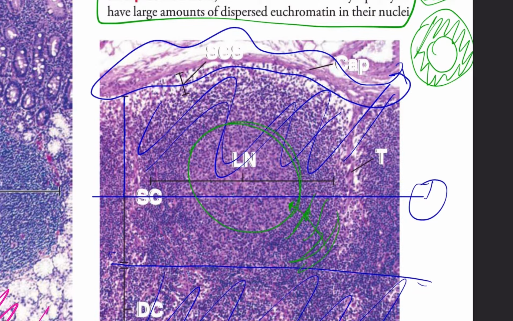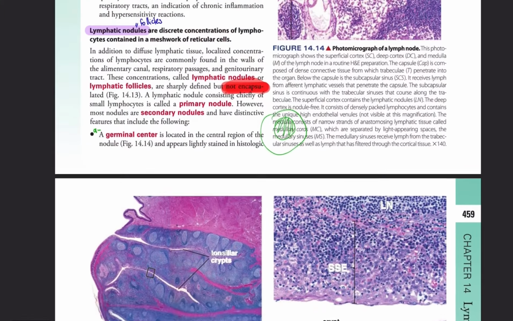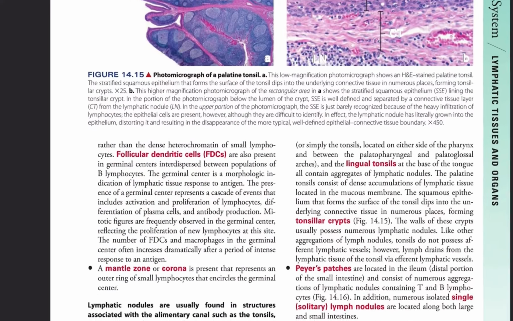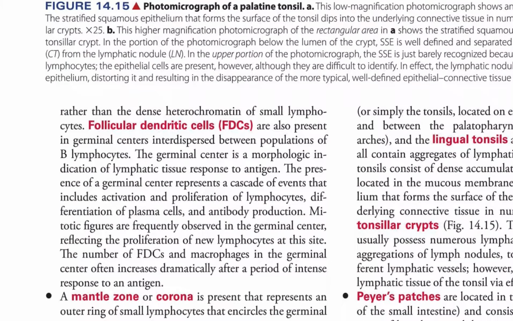This central region is lighter because the cells in here have dispersed euchromatin, which means that the nuclei are active and proliferating and ready to go, rather than the dense heterochromatin of small lymphocytes.